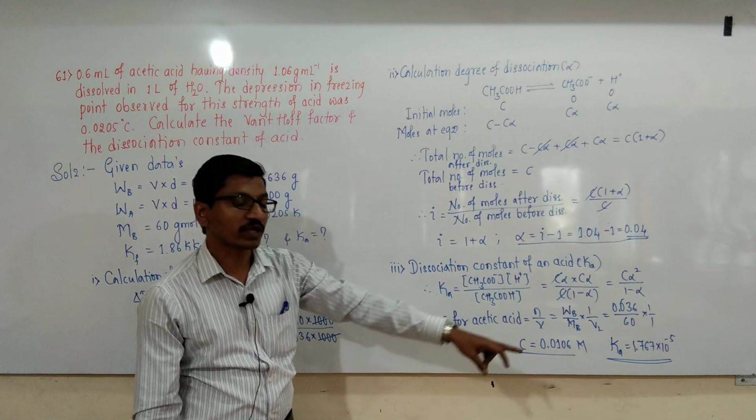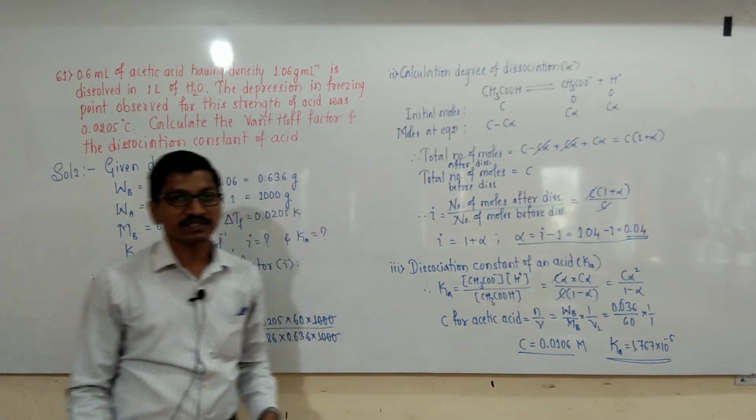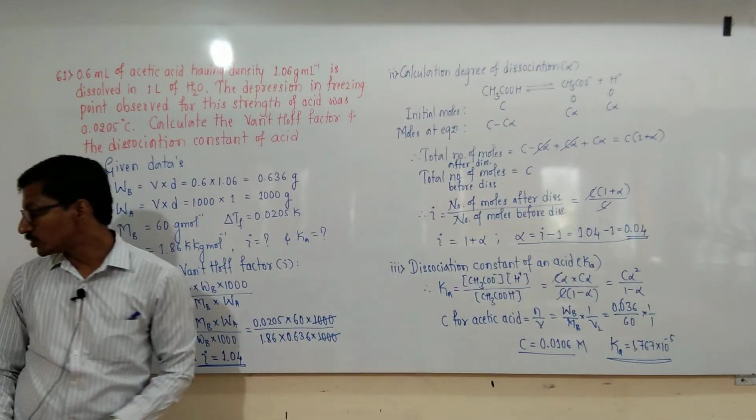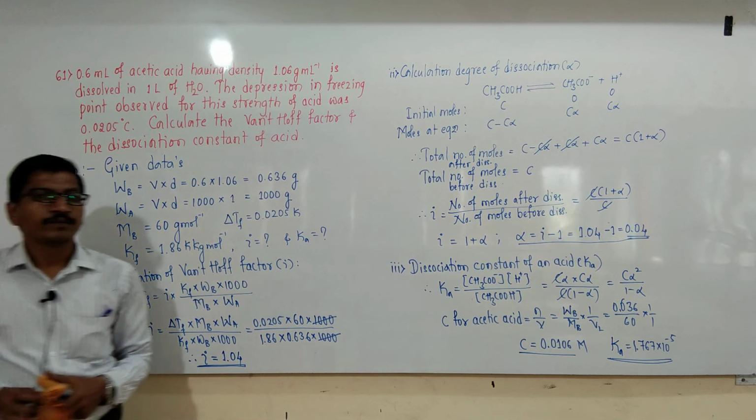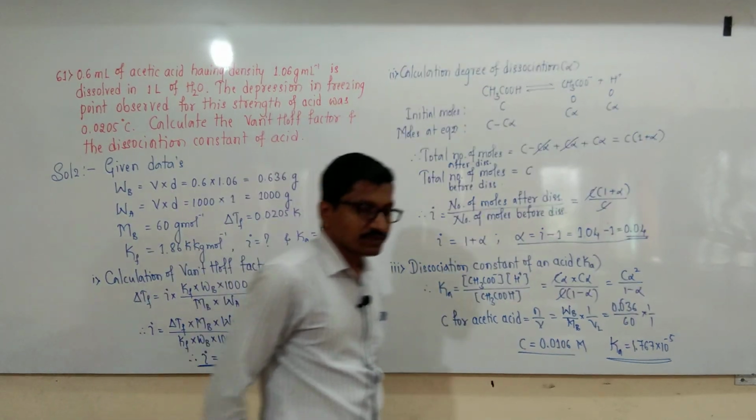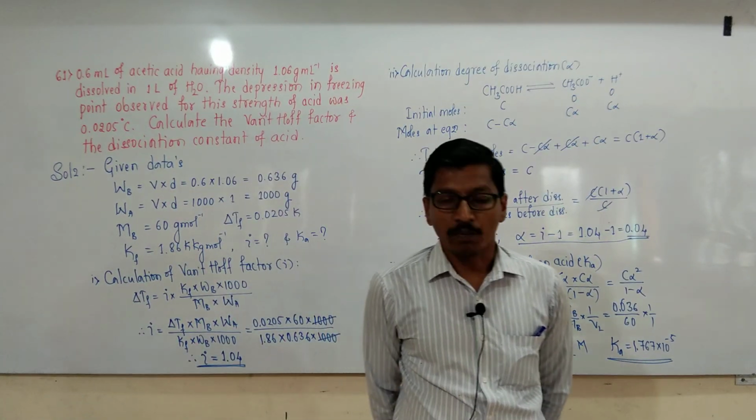The final answer for Ka is 1.767 into 10 raised to minus 5. This completes the numerical problems on solution topics.